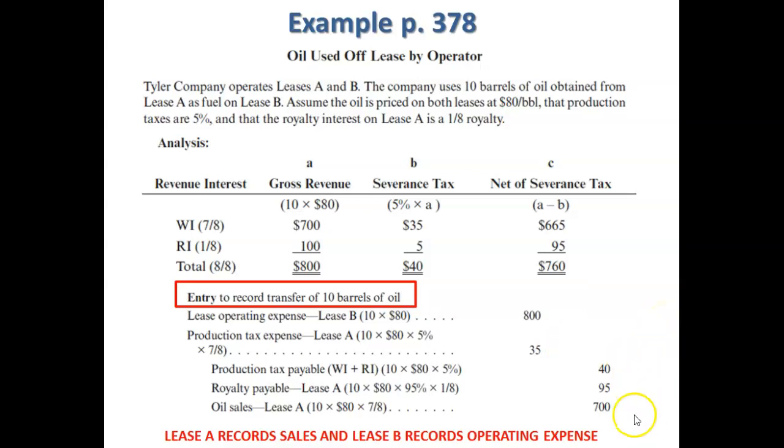On A's books, this is going to be set up as a payable in the oil sales for lease A. You're going to have the oil sales of $700, the royalty payable of $95, the net amount, and the production tax payable of $40, the entire amount.